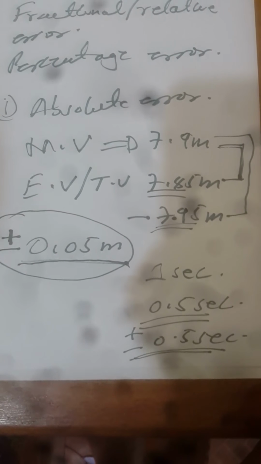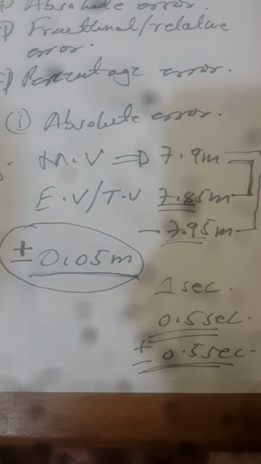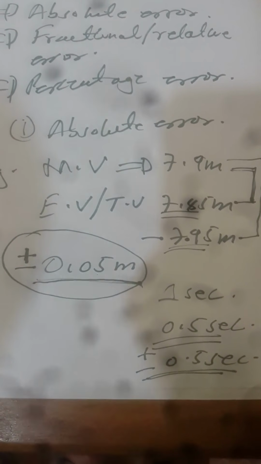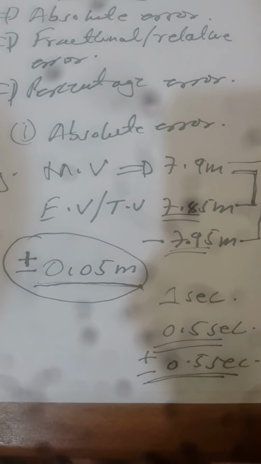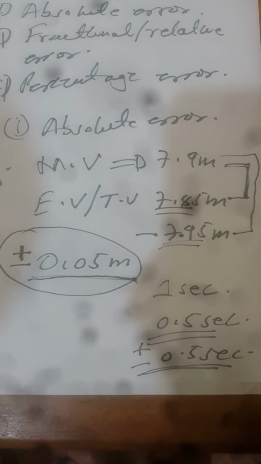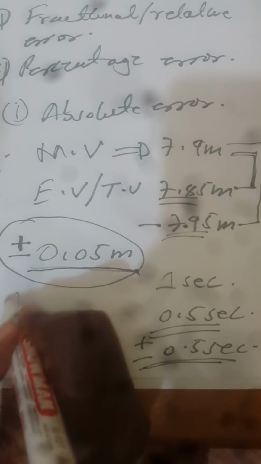Another example, in order to determine the absolute error of an instrument, consider a meter rule. The smallest division of a meter rule is a millimeter, 1 millimeter.